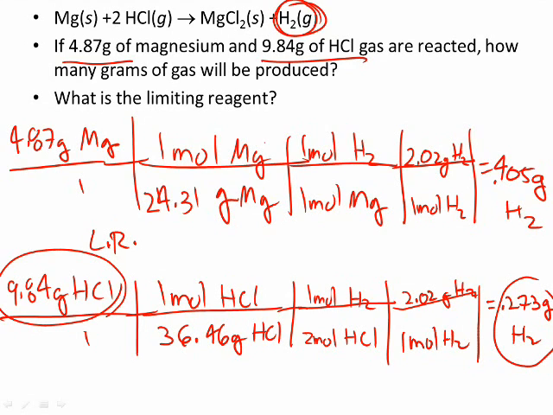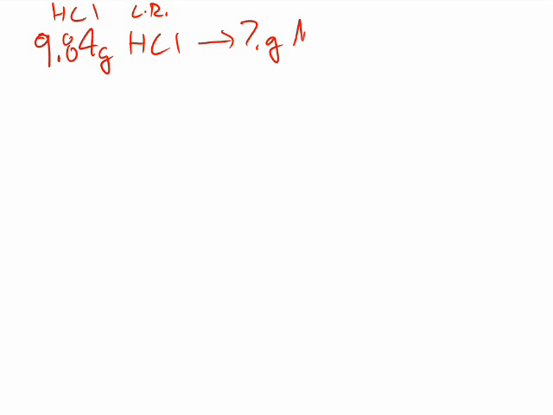Now from here we can find out the excess. What is the excess? The excess will be in magnesium, but how much is in excess? We have to go back to the hydrochloric acid. The hydrochloric acid is the limiting reagent. So now we're going to find out from the 9.84 grams of hydrochloric acid, how many grams of magnesium would be used.